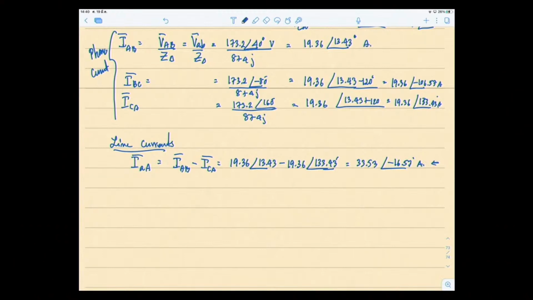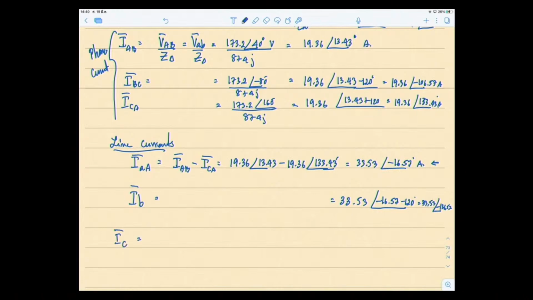Okay, you get your first answer. You know, a balanced system makes your life very easy. So therefore IB would be the same magnitude, 33.53, and this would be minus 16.57 minus 120. So equal to 33.53 angle minus 136.57 amps.